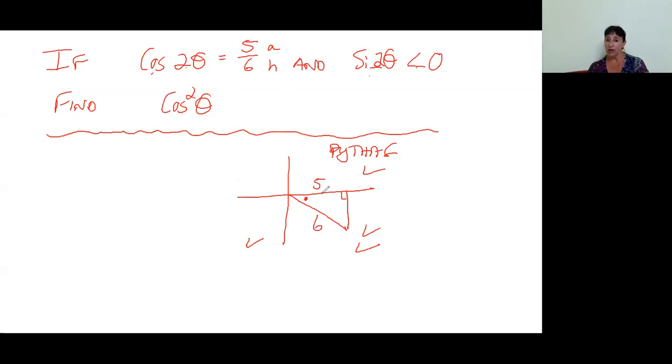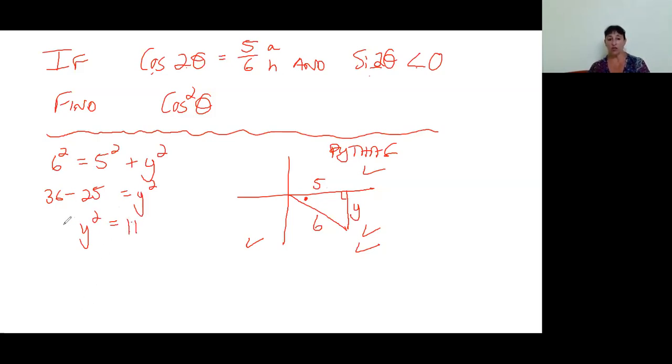I now know that I need to find my y by doing Pythagoras. The square on the hypotenuse equals the sum of the squares on the other two sides. Then I rearrange: 36 minus 25 gives y squared equal to 11.